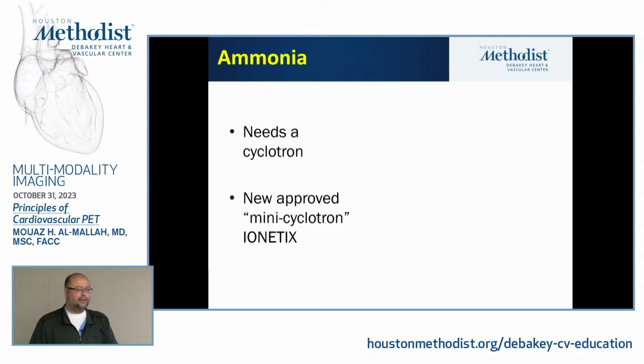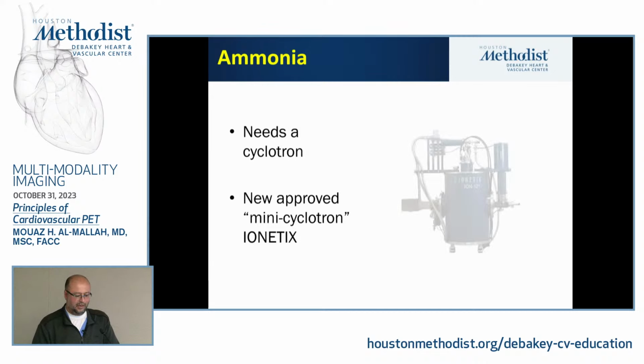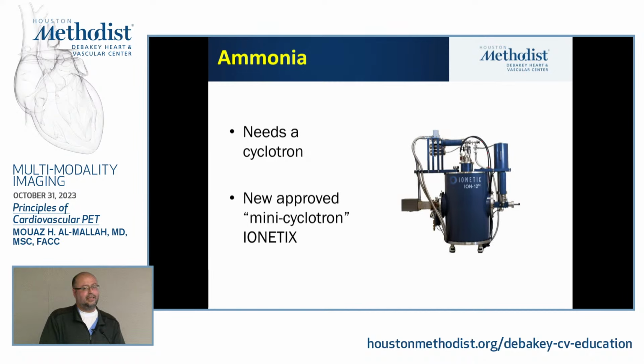So some company will come, put it in, and connect it to you, and it will be next to your scanner. So you don't need a full installation of a cyclotron. There is a company in the US that has these mini cyclotrons, it's FDA approved, and some sites are already using it.